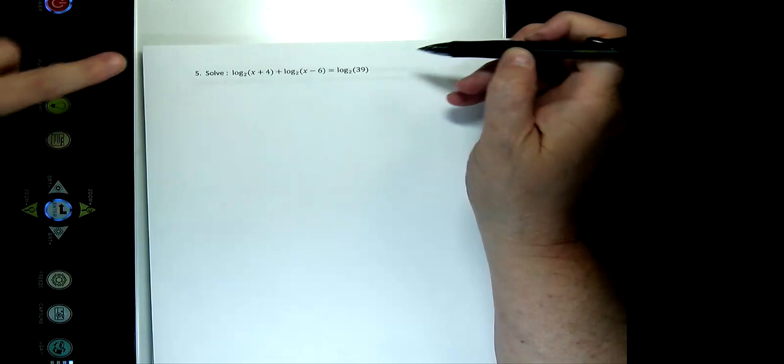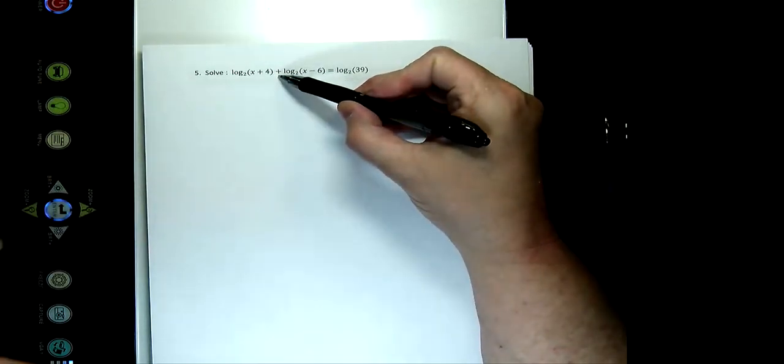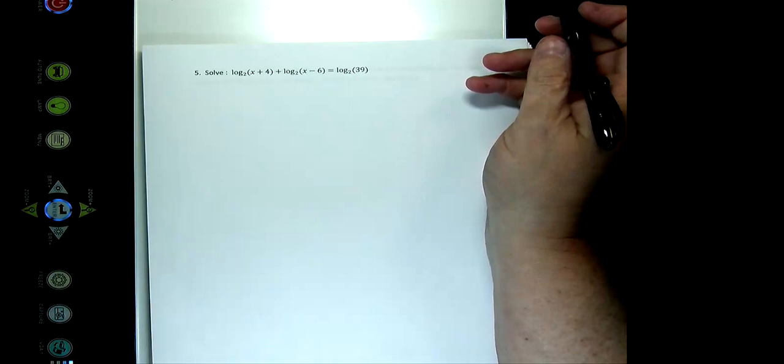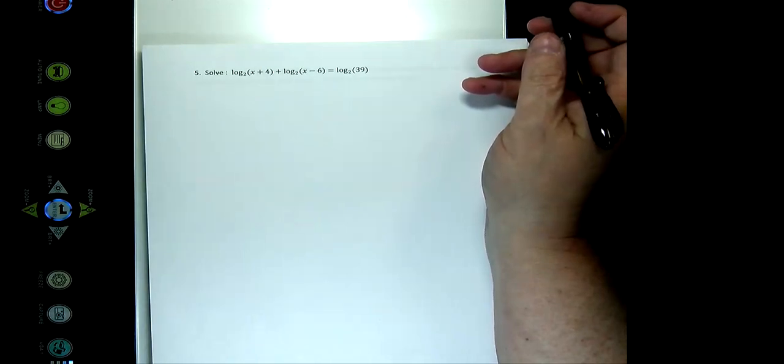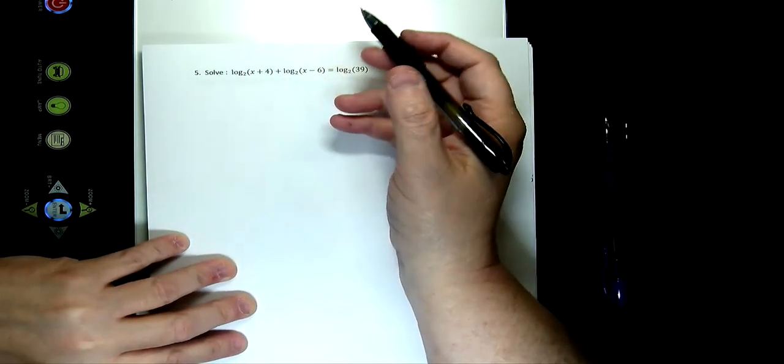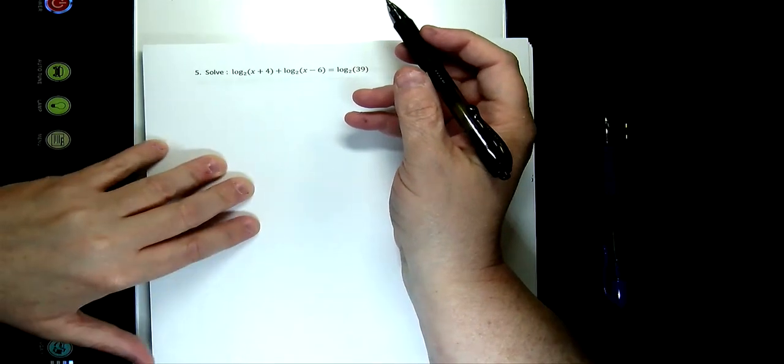We need to do something first because the plus sign right there is messing it up. Actually, technically it is doable, but you would definitely make a mistake if you do it that way.